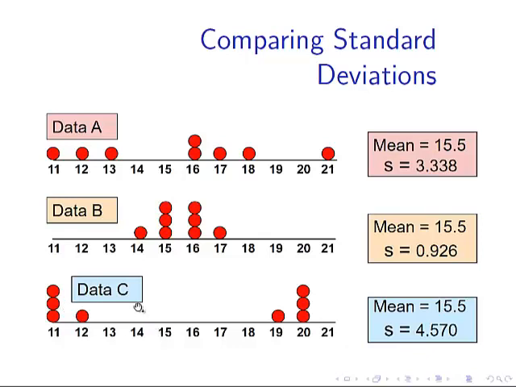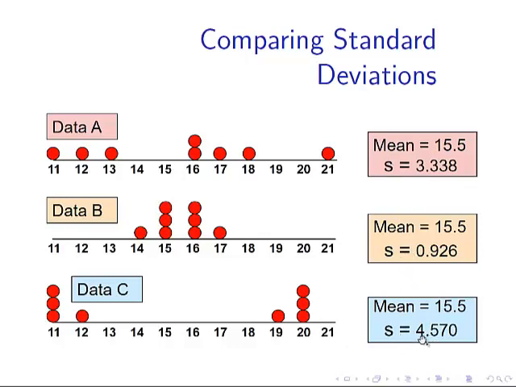And the third data is data C. Here we have 11, 11, 11, 12, the next number 19, and then 20, 20, 20. For this data, again, the mean is equal to 15.5 and the standard deviation is equal to 4.57. These three data sets are selected so that the mean for all of them is equal, but the standard deviation is different.